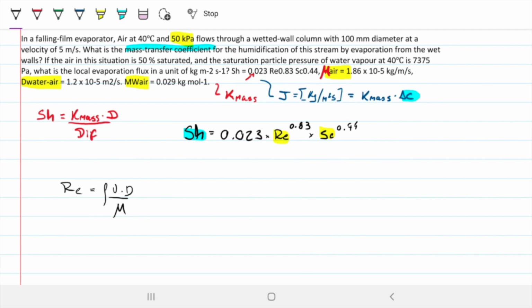We don't have the density, because the density, specific mass, is dependent on pressure, and we know our pressure change. So I have a couple of options here.